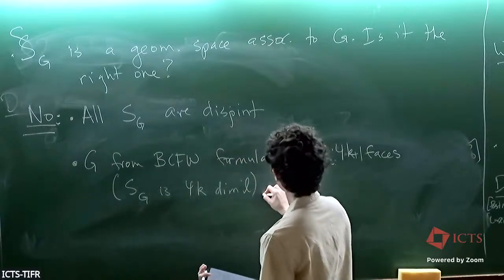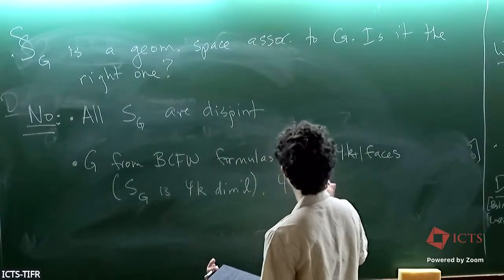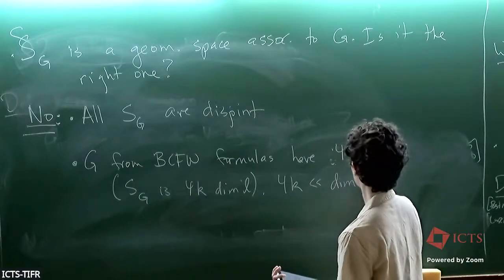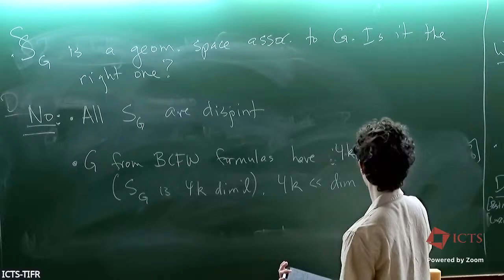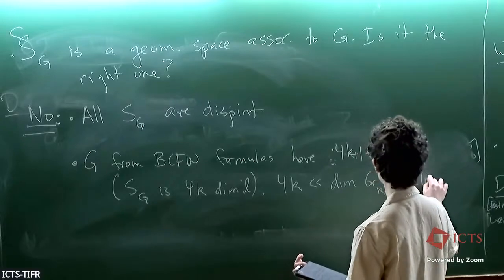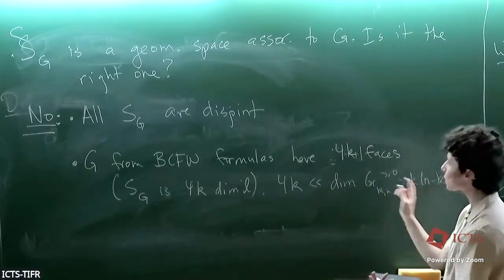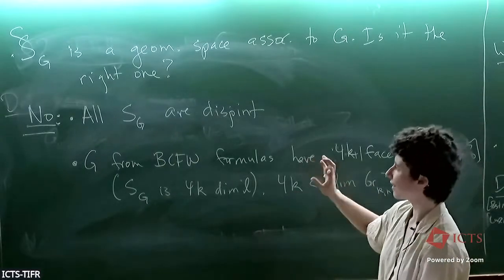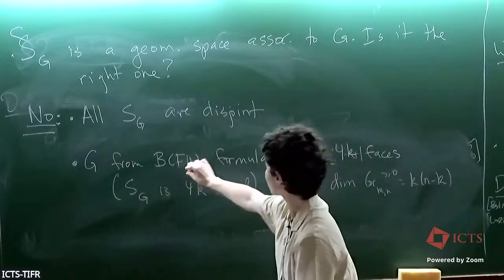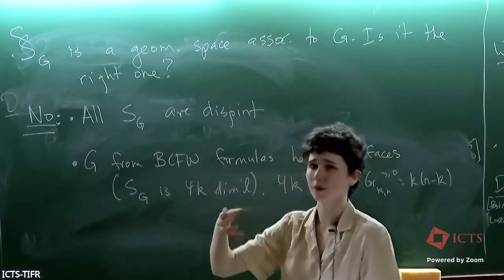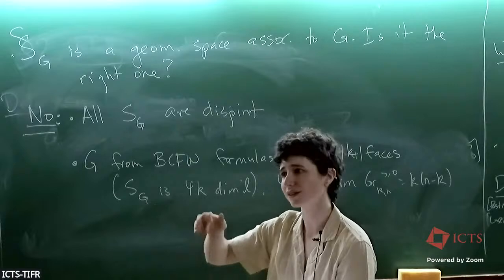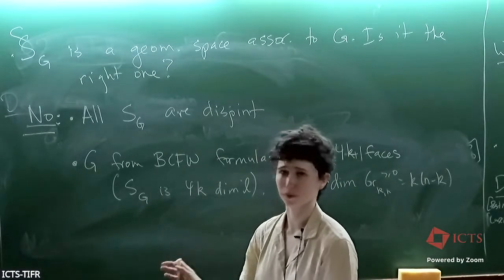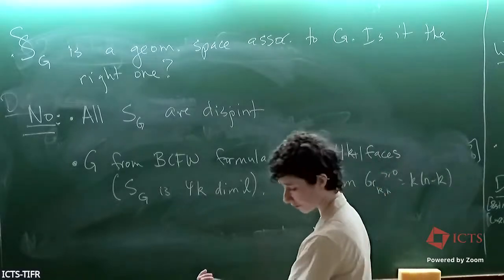And 4K is a lot smaller than the total dimension of the Grassmannian, which was K times n minus K. So for most parameter values, 4K is going to be pretty small. Right now the BCFW graphs aren't telling us about full dimensional pieces. They're telling us about very low dimensional pieces in the boundary, which is also not what we wanted based on our goal.